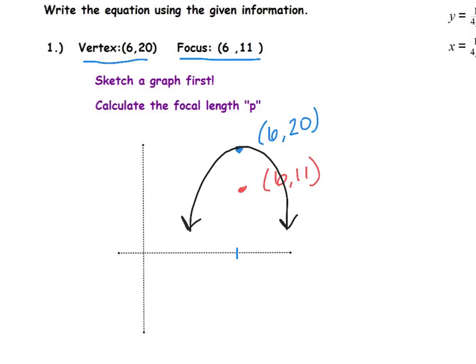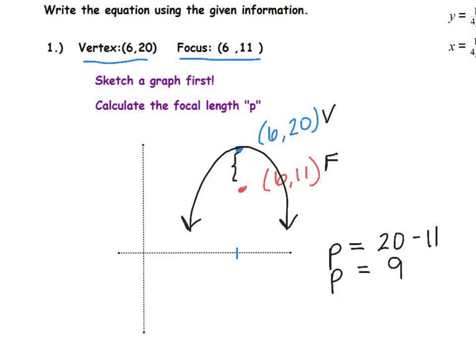You also know from the previous lesson that this distance, the distance between the vertex and the focus, that difference there is what we call p. So we can find out what p is. P is simply 20 minus 11. So p equals 9.